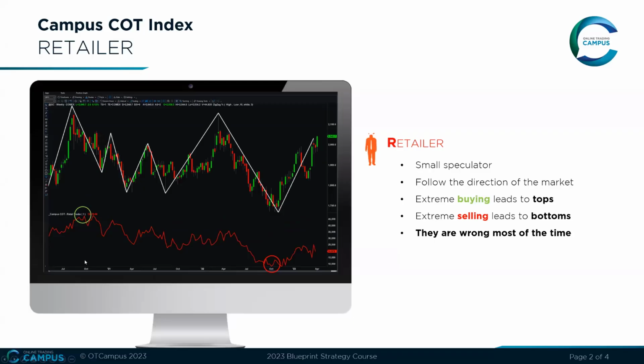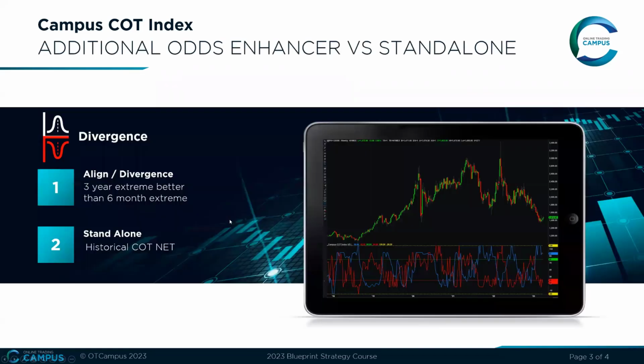So then you may be saying, well, how do we use them? Well, we use them in two ways. Number one, as an additional fundamental odds enhancer. Here we would just be looking at divergences, and we would align those divergences with one of our large traders, mostly the commercials. So if the commercials are setting up nicely, then we're like, hey, that's a pretty good fundamental setup.